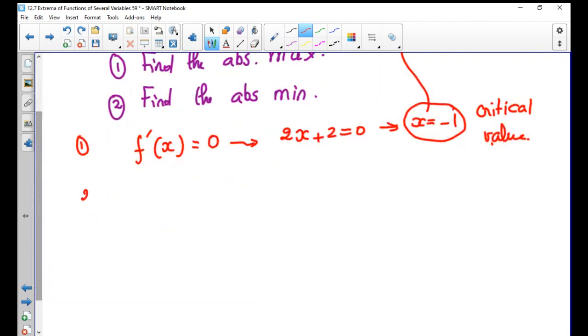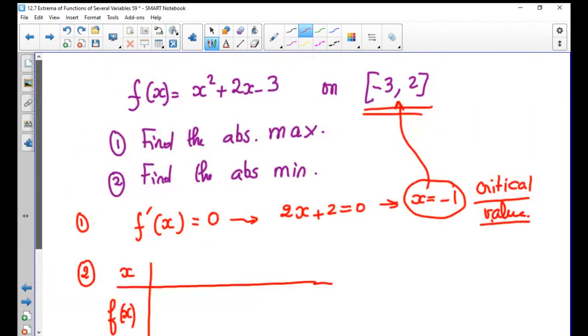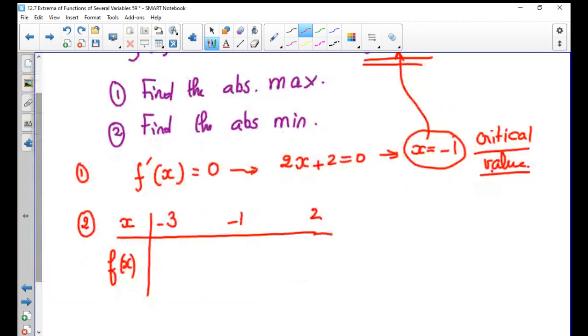After you find the critical value, you can do this. Take x and take your function f. We study it from -3 to 2, and then you put the critical value inside, -1. And then you find the value of the function at these 3 points.